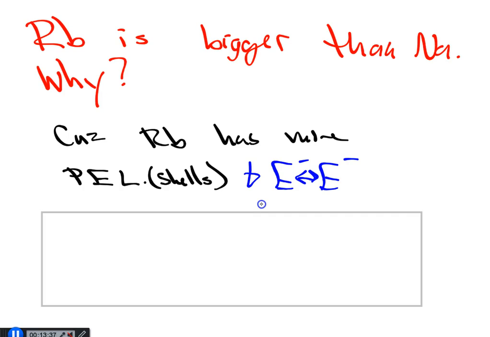Principal energy levels, shells, and n all mean the same thing. So rubidium has 5, potassium has 3 shells. So 5 shells will always occupy more room than 3. Electron-electron repulsion.